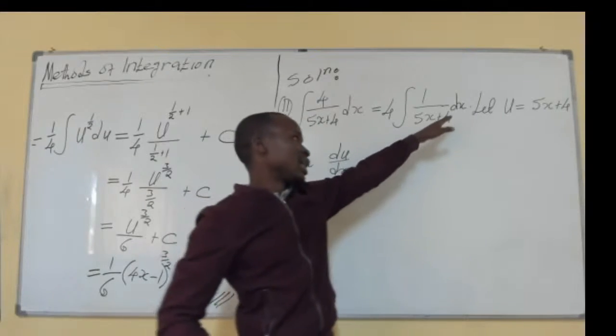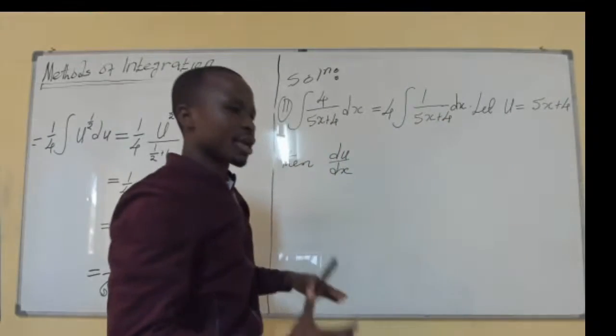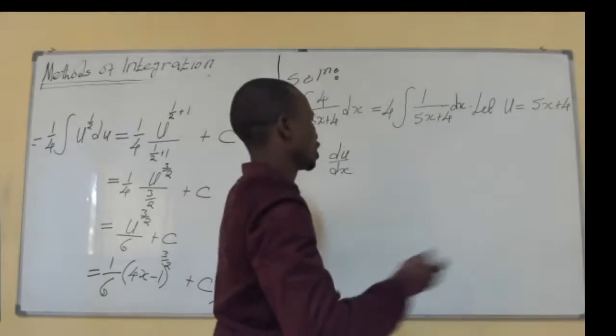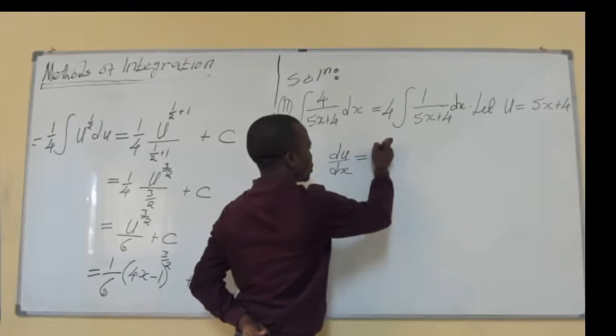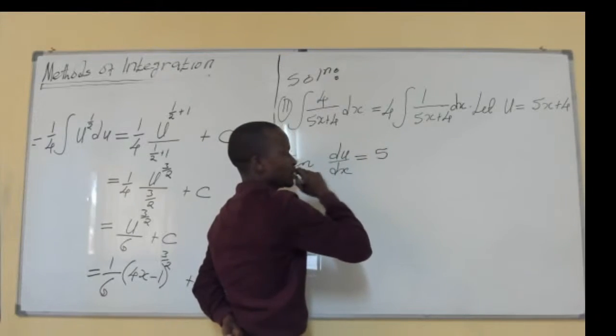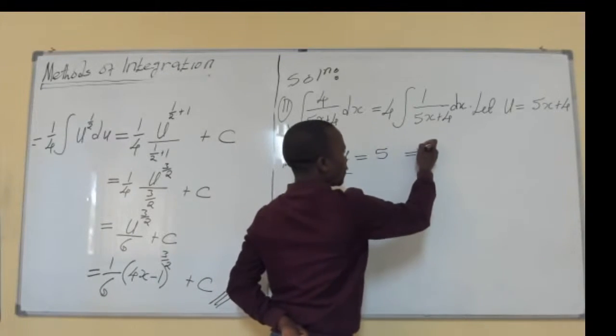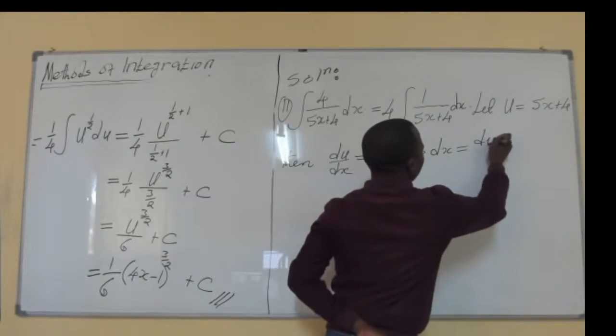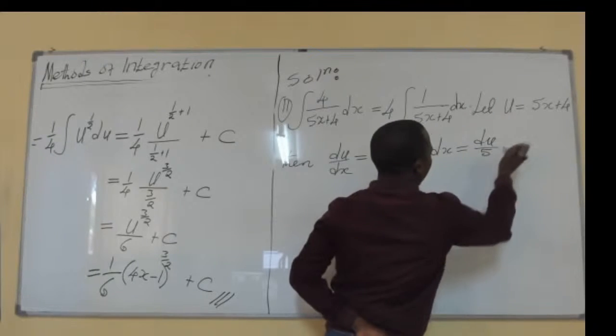So the variable of integration should change to u. How can you do that? By differentiating u. When you differentiate this u, what you're going to get is a 5. If we simplify, this will mean your dx will be equal to du over 5.